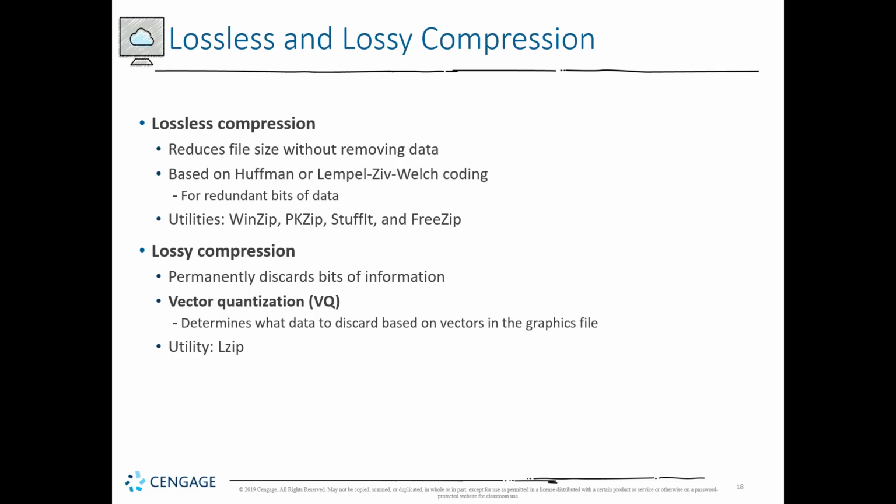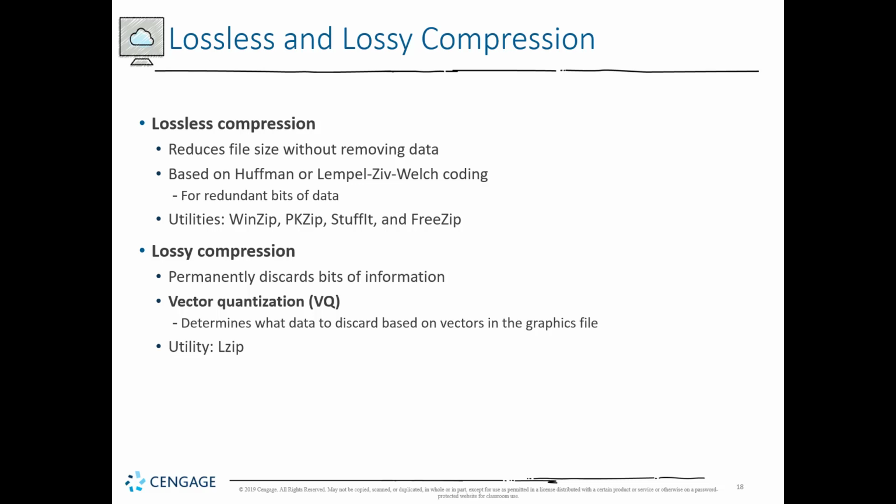So lossless compression reduces the file size without removing any data. This is based off a very specific coding algorithm, and it's for redundant bits of data. Utilities are things like WinZip or PKZip or things like that. Lossy compression permanently discards bits of information. So again, lossy is going to remove data bits.